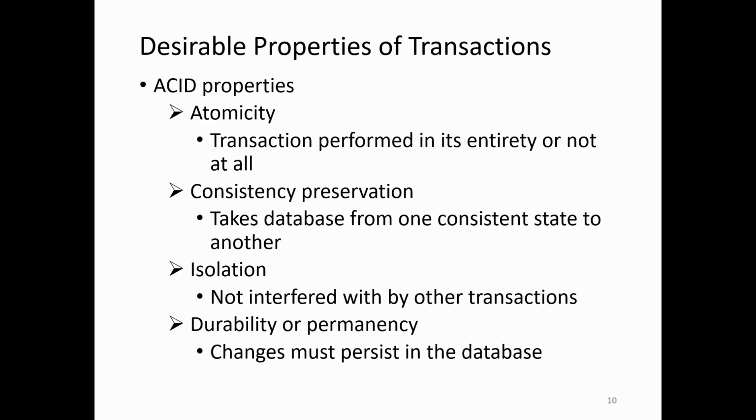Then the third property is isolation. Isolation means one transaction should not interfere with another transaction. Each transaction should be isolated. Even though two transactions are executing concurrently, each should not interfere with the other transaction.